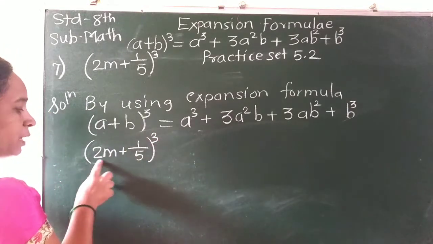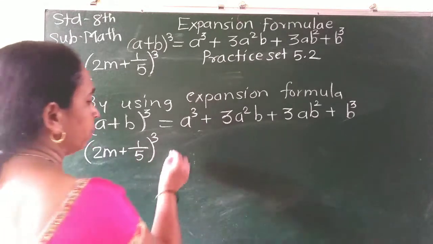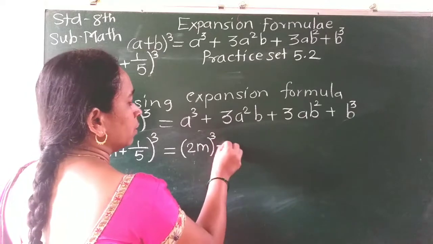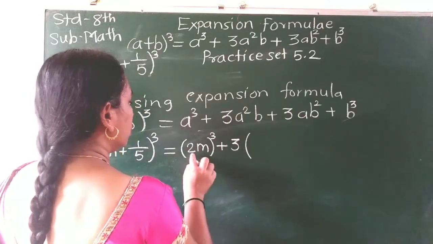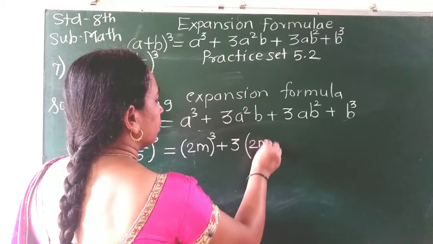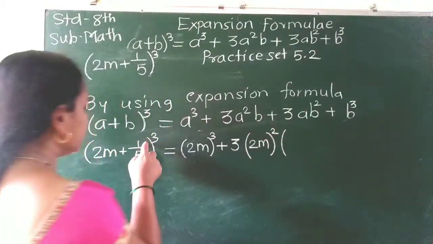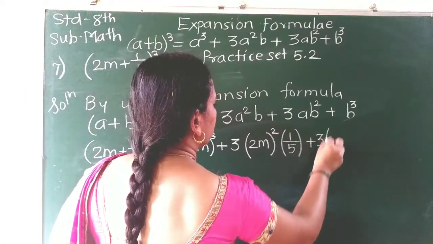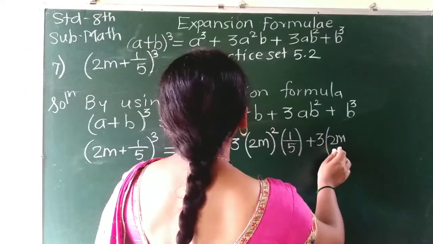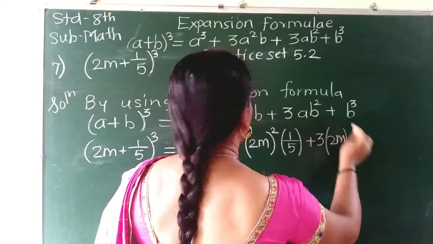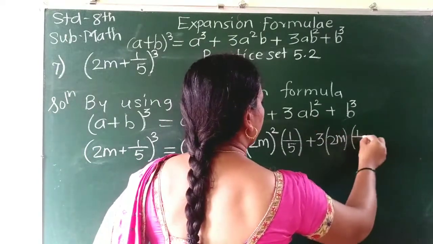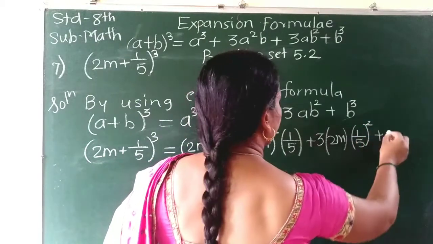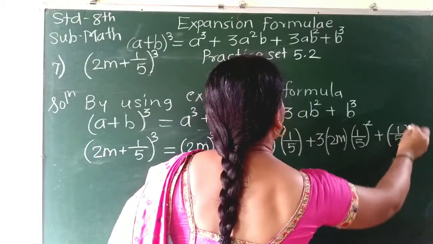My a will be replaced with 2m, b's value is 1/5. So (2m) bracket cube plus 3 into (2m) bracket square and b's value is 1/5, plus 3 into 2m, b square whose value is (1/5) bracket square, plus b cube is (1/5) bracket cube.